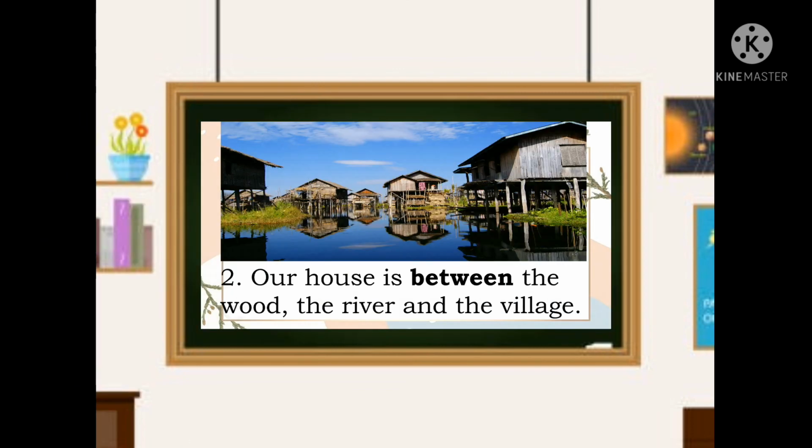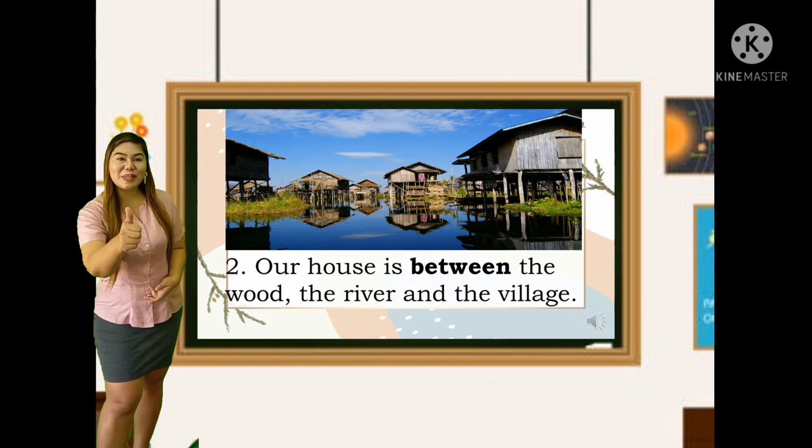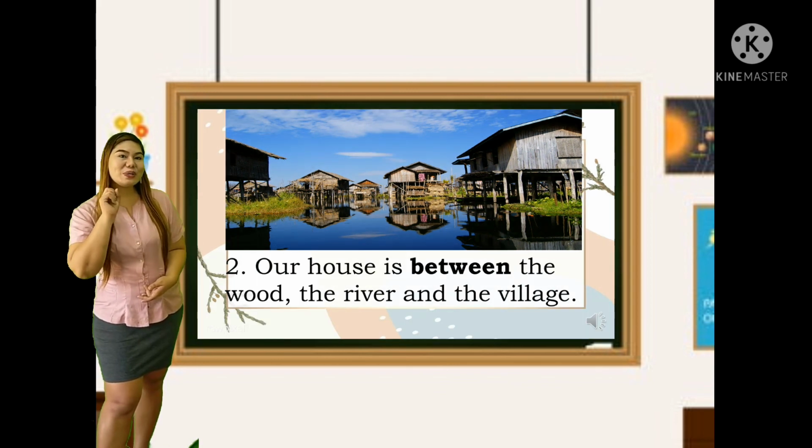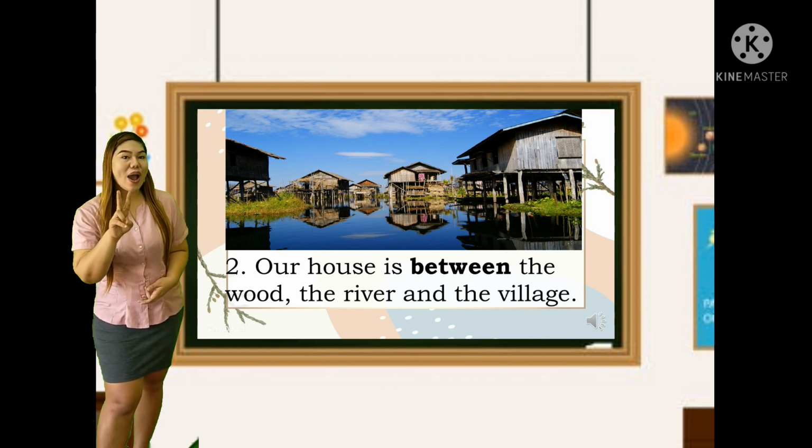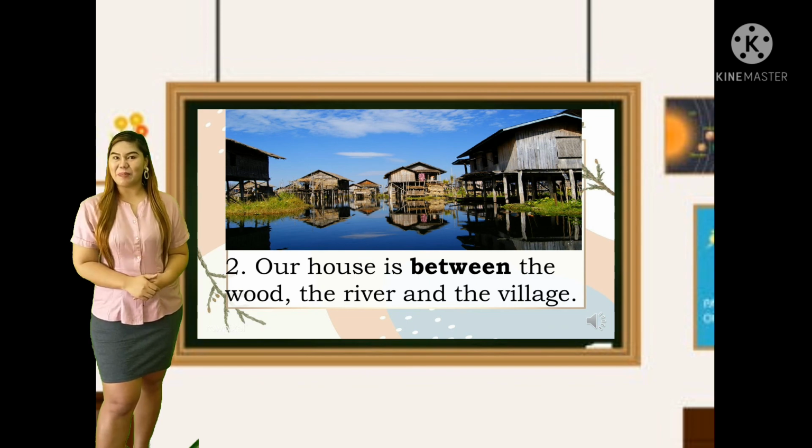Number 2. Our house is between the wood, the river, and the village. The answer is thumbs up again. You can also use the preposition between for more than two things as long as they are not the same item.